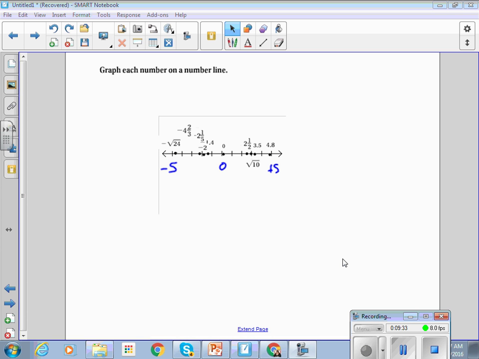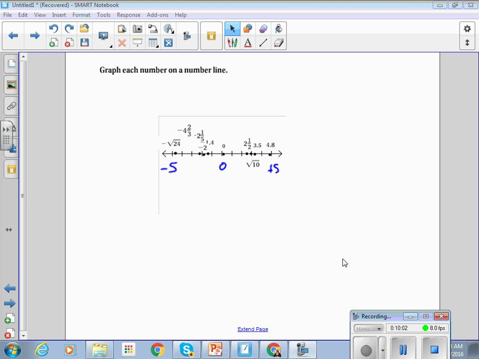All right, so on our number line, -24 is a little bit larger than -5. -4 2/3 is a little bit past halfway between -4 and -5. -2 1/5 is really close to that -2 mark. -2 is on -2. -1.4 is a little, you guys are really good, really precise in your placement.